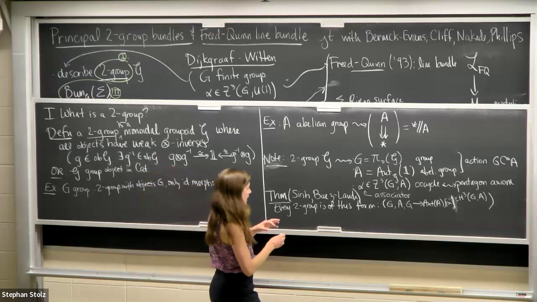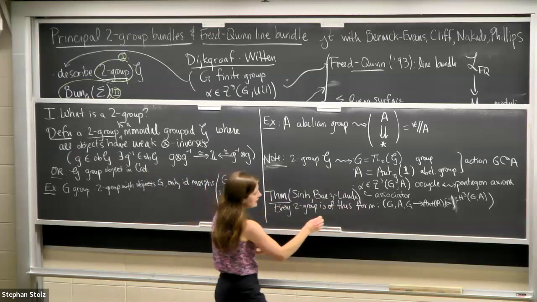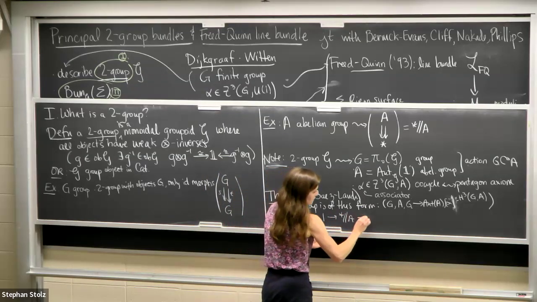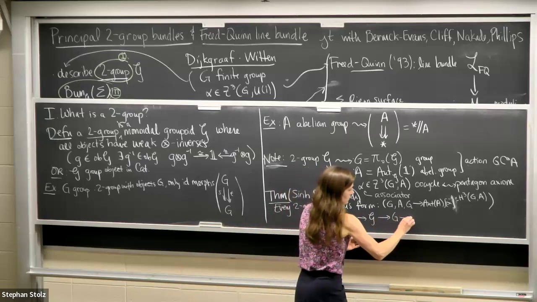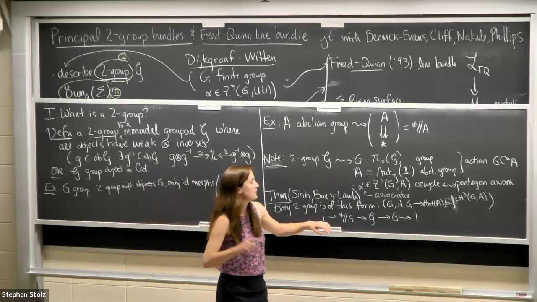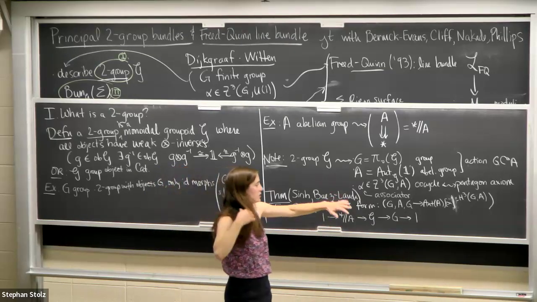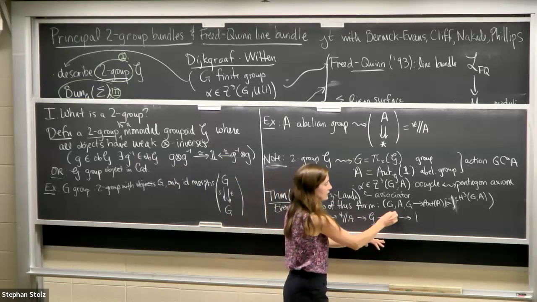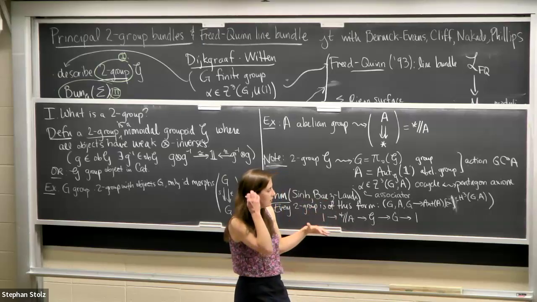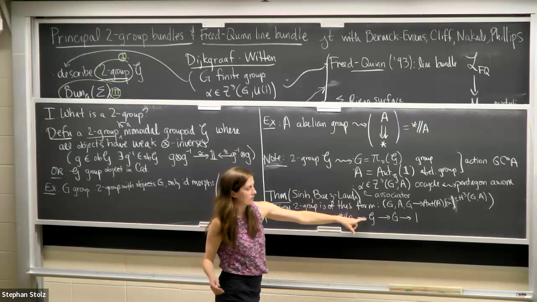Maybe one other remark I might say is that this information sits inside a sequence. I think Brian Williams talked about these group extensions being classified by H2 of G with values in A, and here it's a similar result where these extensions are categorical extensions.